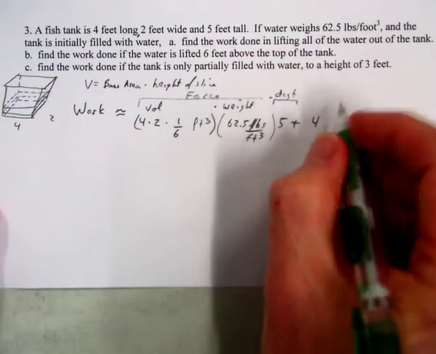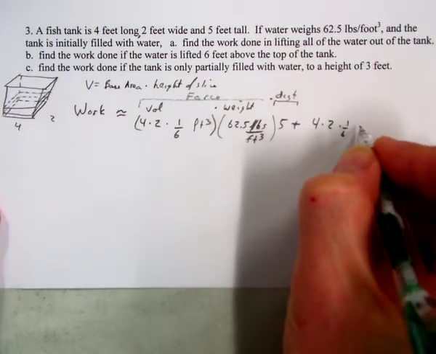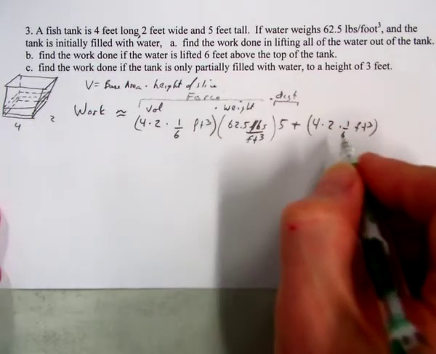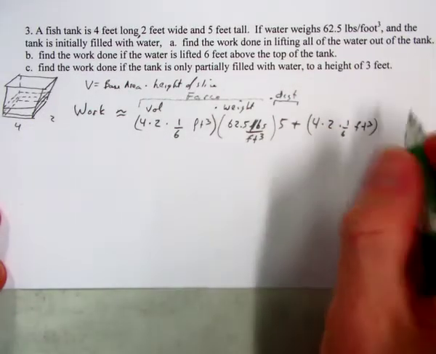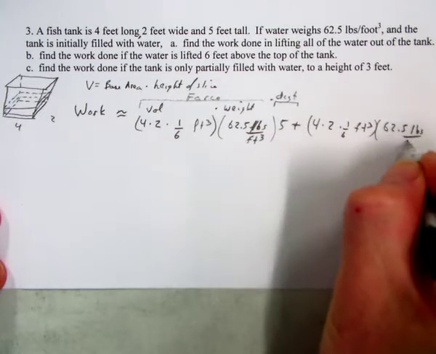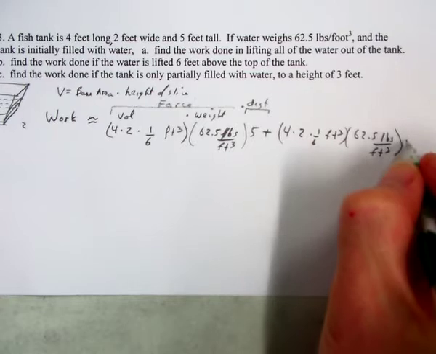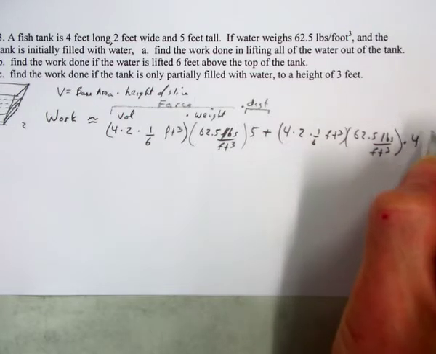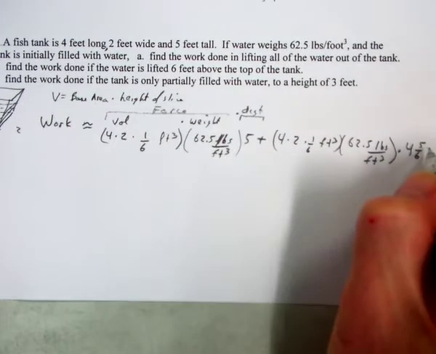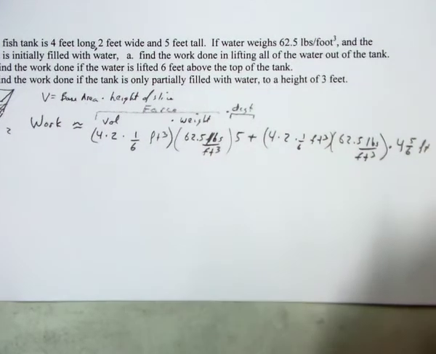So similarly, we'll say 4 times 2 times 1/6. In fact, what can you say each time about the volume? Each one of these slices will be the same thing. We'll also have that 62.5 pounds per cubic foot. Times, this time we don't need to move it the whole 5 feet. It's 4 and 5/6 feet, since that's 1/6 less.